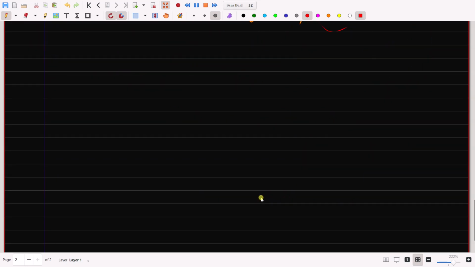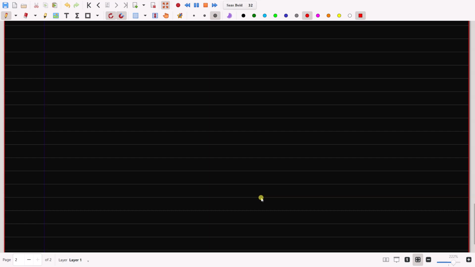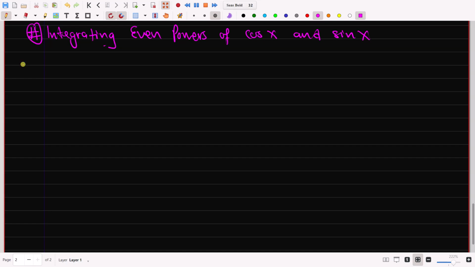Now what we want to look at is integrating even powers of cos x and sin x. That is, how to integrate these trigonometric functions when they are raised to powers like 2, 4, 6, 8, or any even number you can think of.